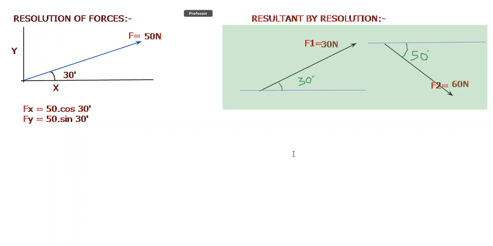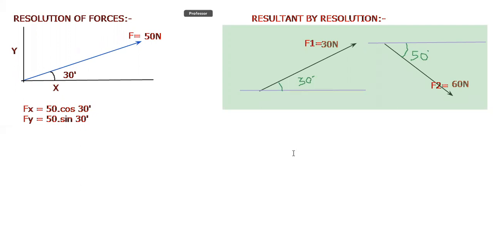So, therefore, the component of F1 along x direction plus component of F2 along x direction will give you the component of resultant towards the x direction.